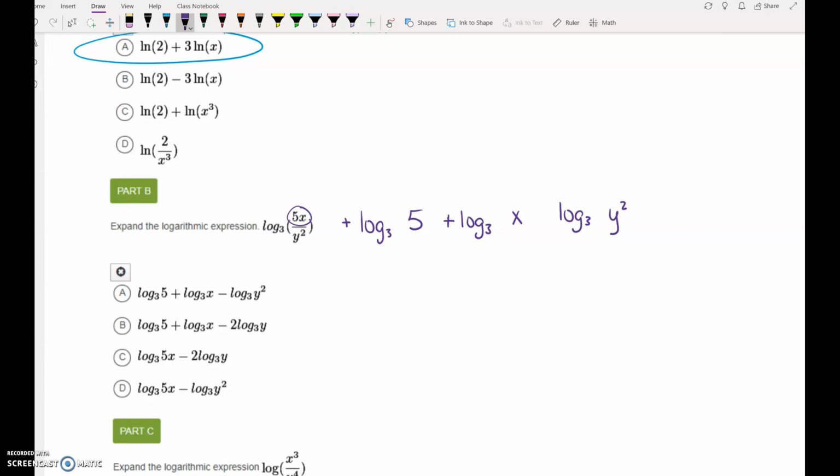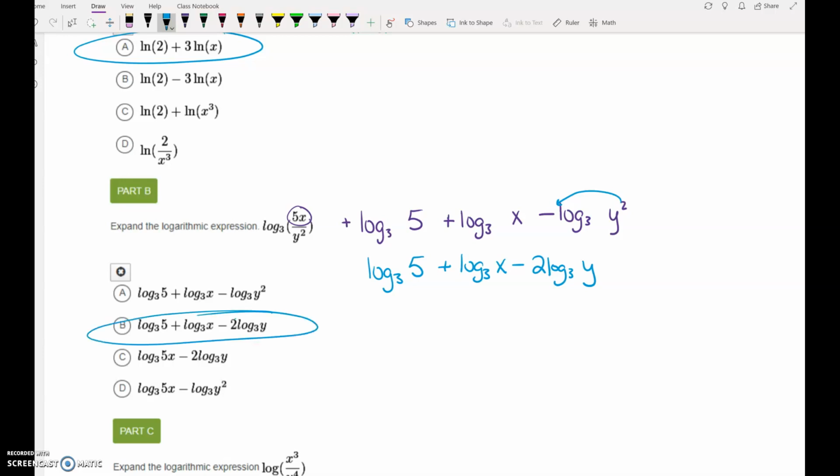The y squared was on the bottom, so that log is going to be negative. Then the exponent needs to move in front. So our final answer is log base 3 of 5 plus log base 3 of x minus 2 log base 3 of y.